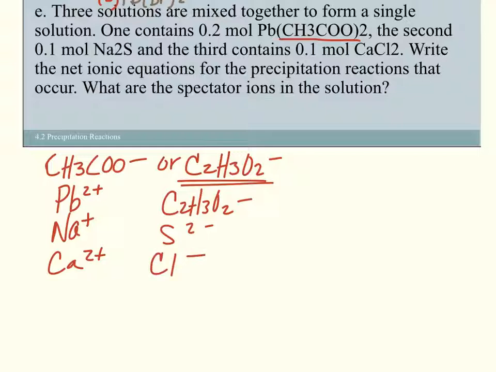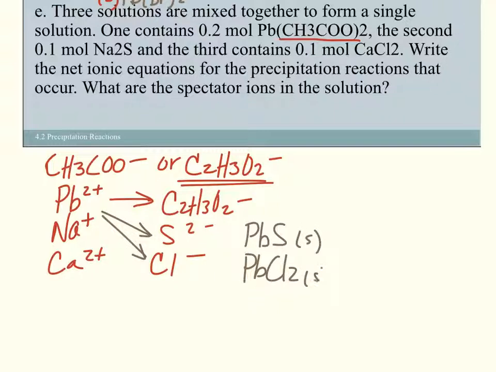So this is the one that we started with, right? So now we're going to hook Pb up with S and with Cl. So we get PbS and we get PbCl2. Okay? This forms a solid and this forms a solid. Let's look at the next one.